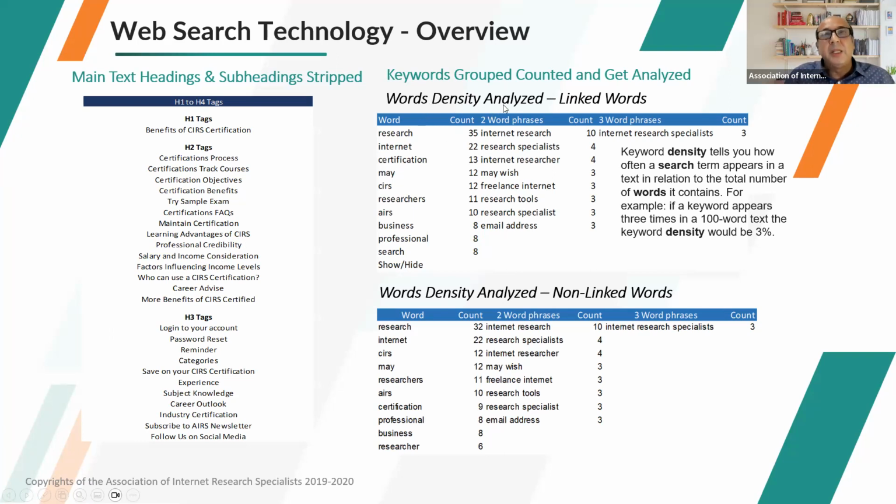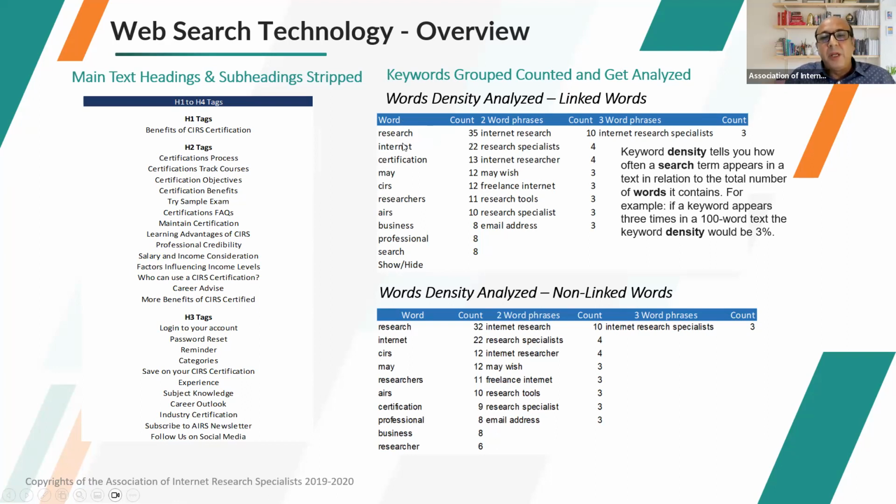Another is the word density in terms of ranking the page as having more to do with whatever matching words have a higher density or higher occurrence on those pages would have a meaning. So let's suppose looking at the density analysis, just the word research was found 35 times, or 35 of the words on that page were research.